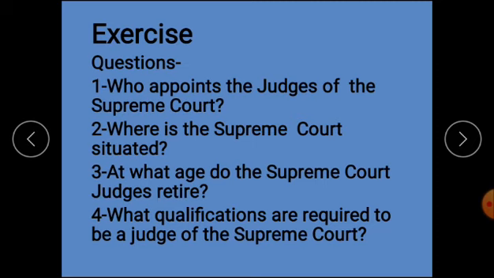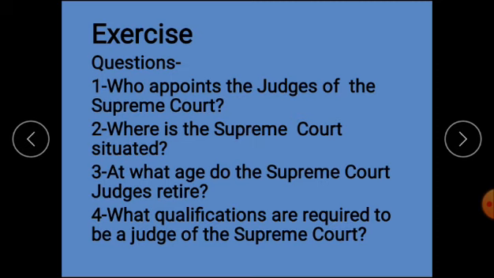Next and last question. What qualifications are required to be a judge of the Supreme Court? About qualifications we have studied, so try to give the answer. Okay. In order to become the judge of the Supreme Court, a candidate should be a citizen of India.